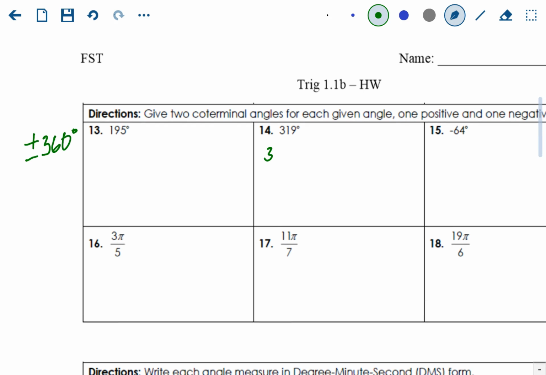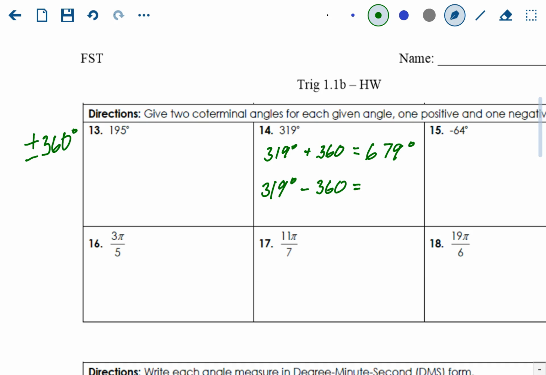Okay. A coterminal angle for 319 degrees. Well, the positive one will just be plus 360. So 319 plus 360 gives you 679 degrees. And for the second coterminal angle, all you do is take that same 319 degrees, and this time subtract 360.